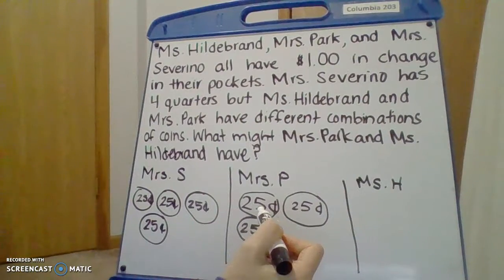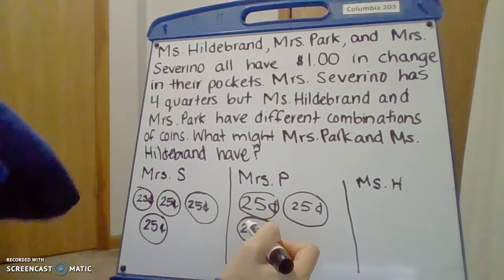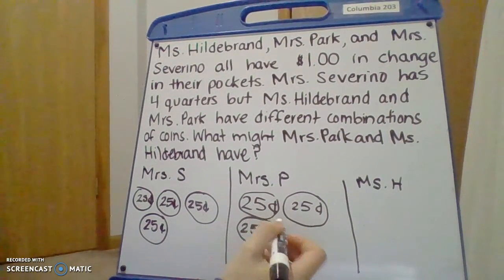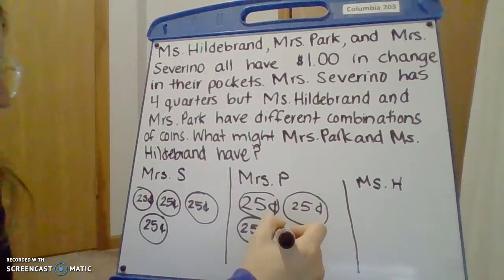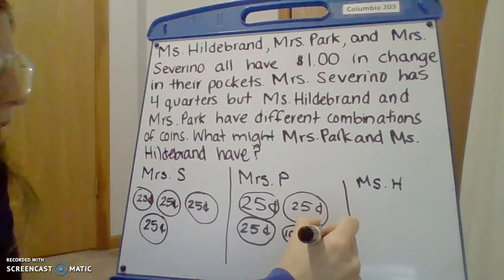So that's our song again. 25, 50, 75, $1. So we have 75 cents here. We need to get to $1. So I would add my next biggest coin, which is going to be my 10 cents, which is my dime. So 75 plus 10 is going to give me 85.